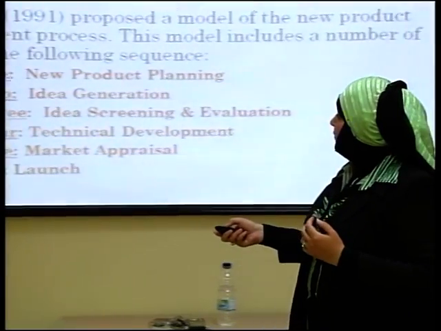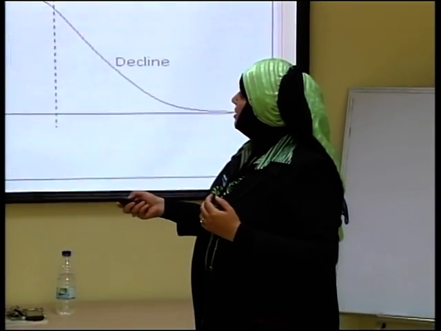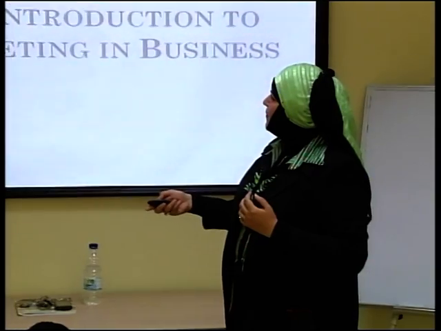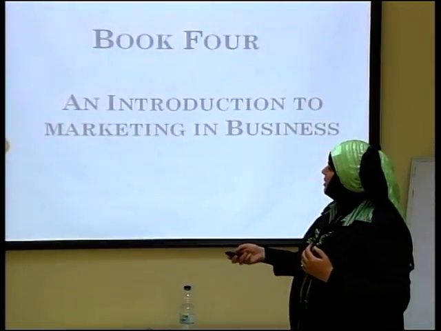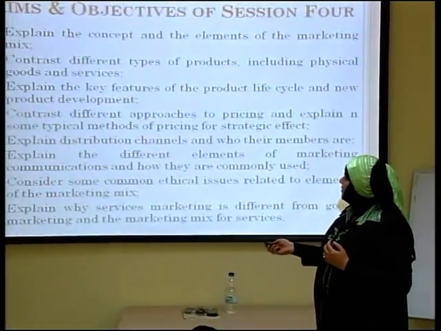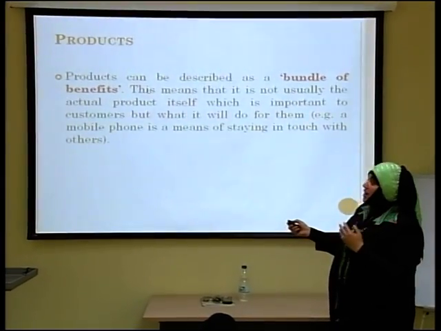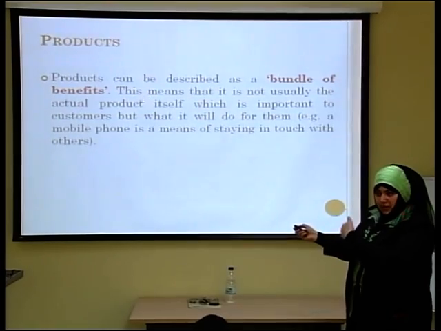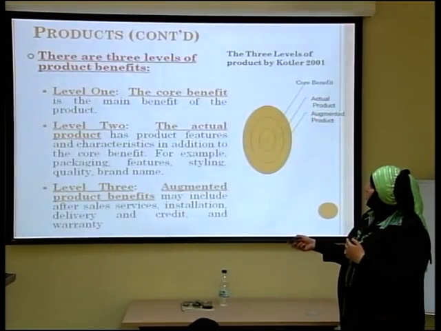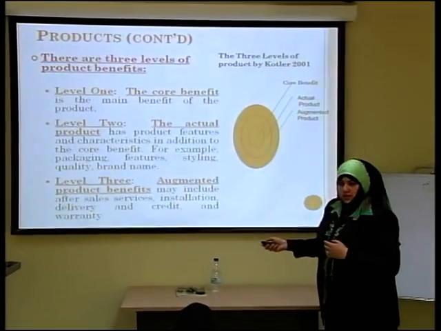You have to talk about a product as a bundle of benefits. Okay. Here, you have to discuss that product is a bundle of benefits, and you have to discuss the 3 levels of products.